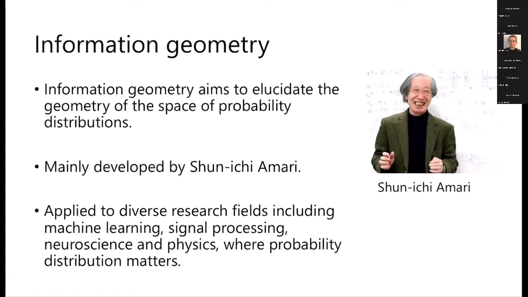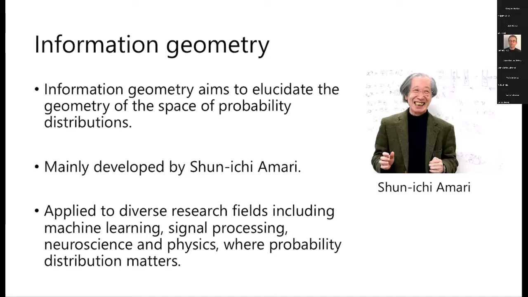Information geometry has been applied to diverse research fields, including machine learning, signal processing, neuroscience, and physics. Any field where probability distribution matters, I think information geometry can be applied and useful.